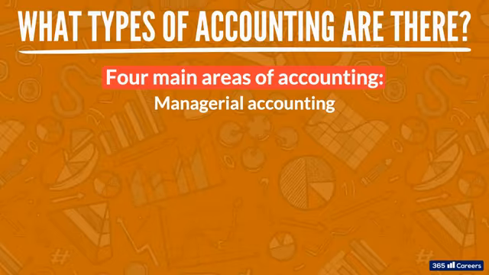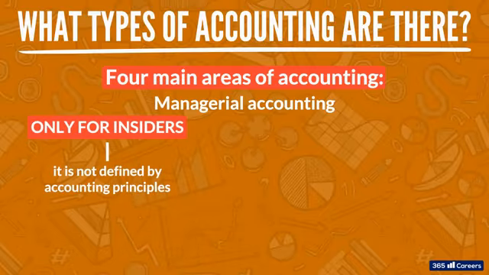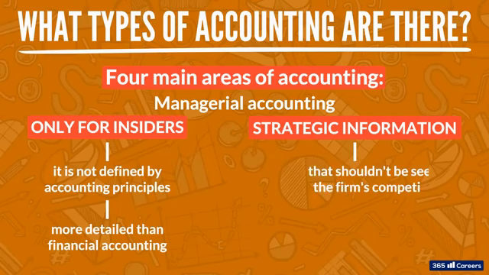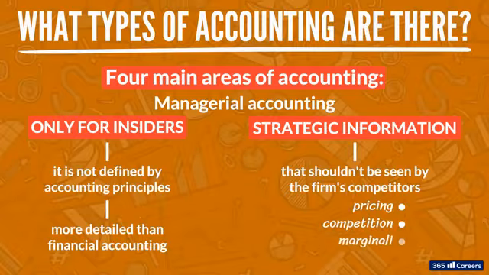It is available only for insiders. It is not defined by accounting principles and is in most cases more detailed than financial accounting. It contains strategic information that shouldn't be seen by the firm's competitors. Managerial accounting looks into topics like pricing, competition, marginality, budgeting, and so on.